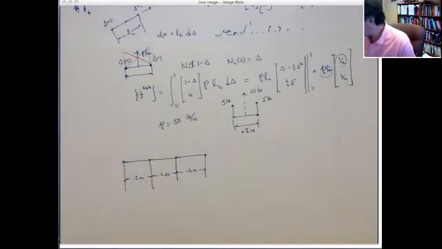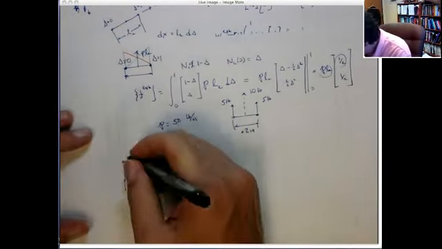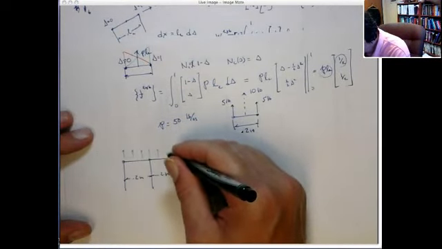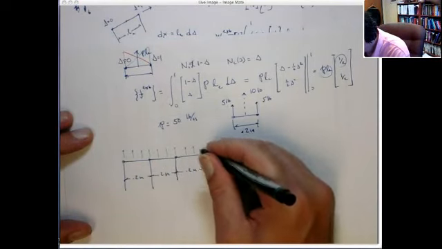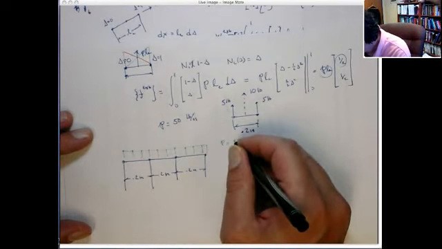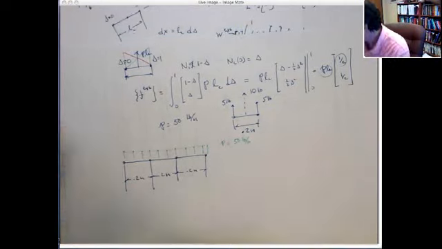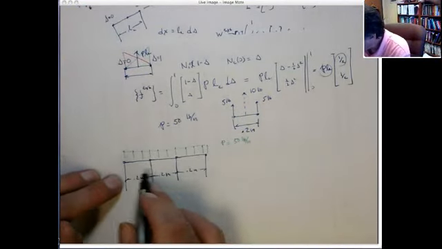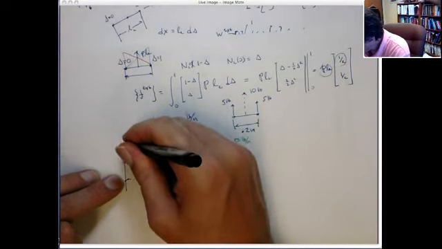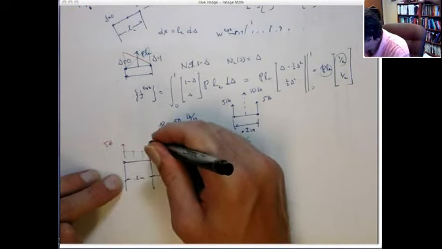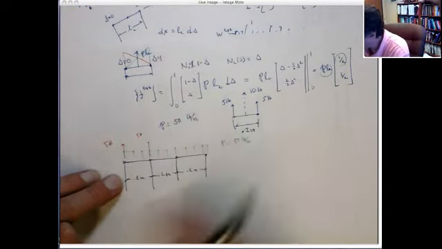And again, we're going to assume that we have a constant distribution on this edge of P equal to 50 pounds per inch. All right. So if we look at this node, let's consider the first element. This element would contribute 5 pounds to this node, and then 5 pounds to this node. Same as that calculation.